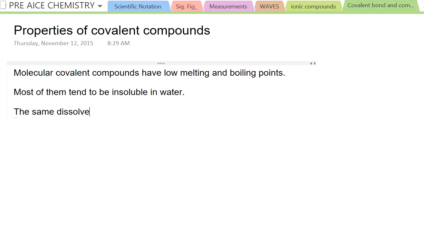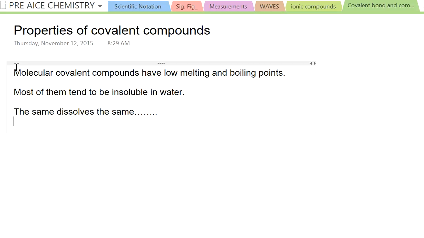Now, another thing that you need to know, the same dissolves the same. And we say that is not a property of the covalent compound actually, but we use it all the time because the polar compounds dissolve polar compounds. And the non-polar compounds dissolve non-polar compounds.